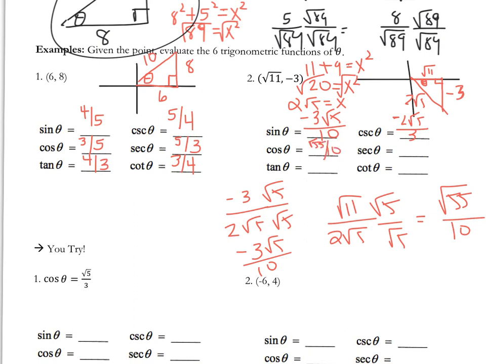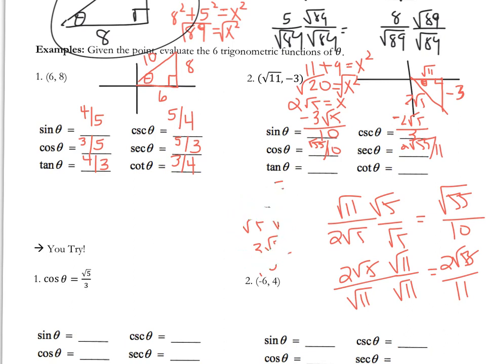Cosecant, nope, I already did cosecant. Secant is hypotenuse over adjacent. Rationalize the denominator. So I have 2 rad 55 over 11. Tangent, if I erase some of my work here so I have more space.